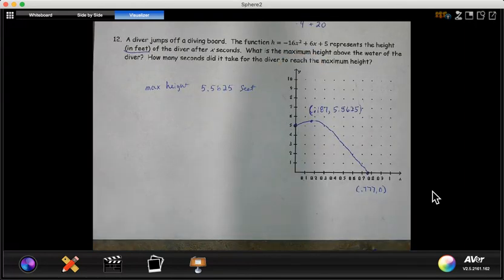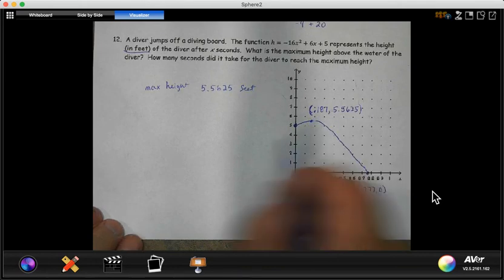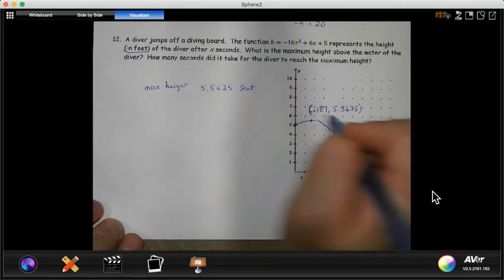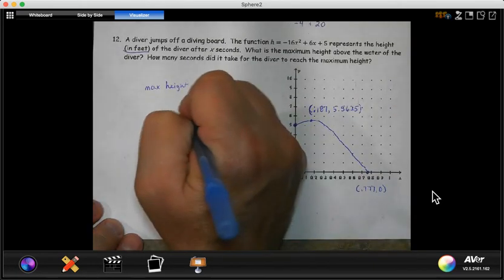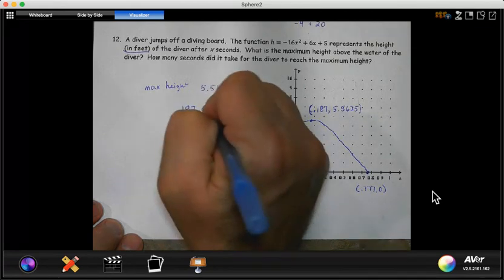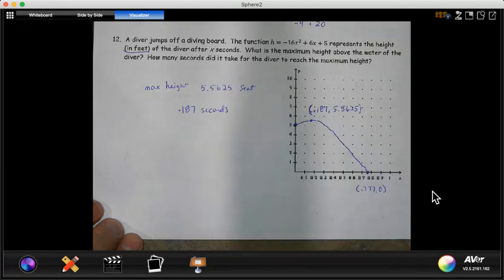About how many seconds does it take for the diver to reach the maximum height? 0.187 seconds. And then they could ask, when does the diver hit the ground? That would be 0.777 seconds, but they didn't. So complete the square method. Nice job, guys.